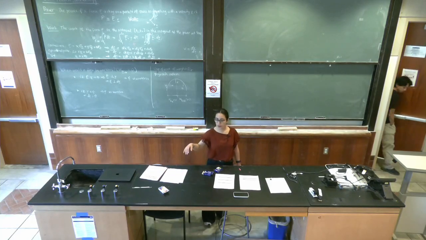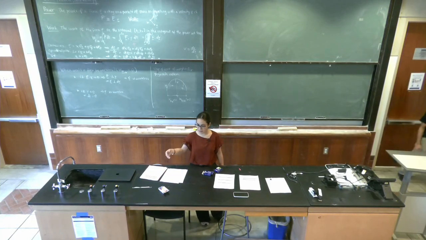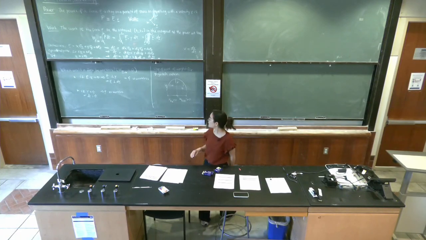What about the work of the weight? 0. What about the work of the friction force? Not 0. Is it going to be positive or negative? Negative. Why? It's going to oppose what? The velocity, right? Very good.